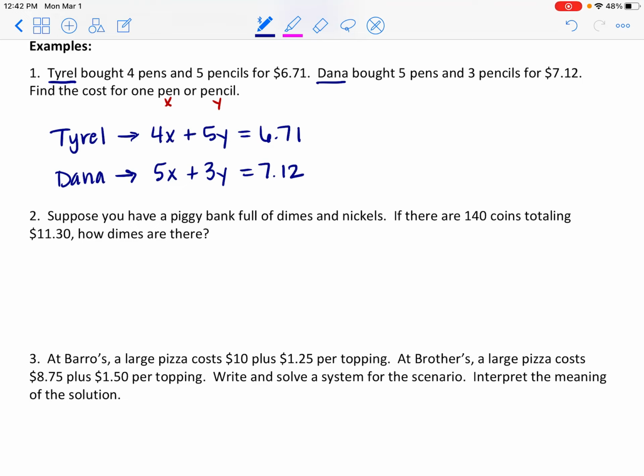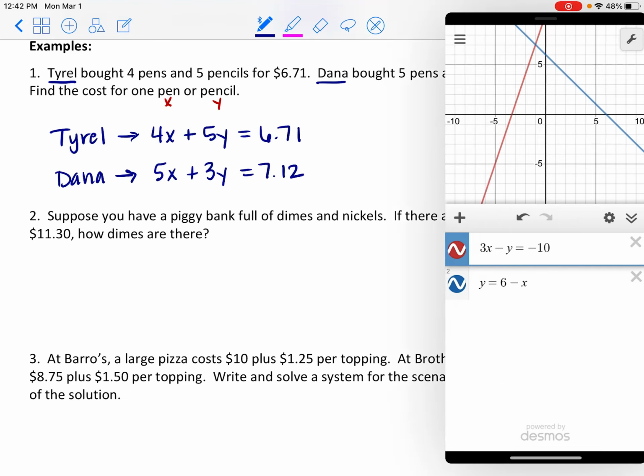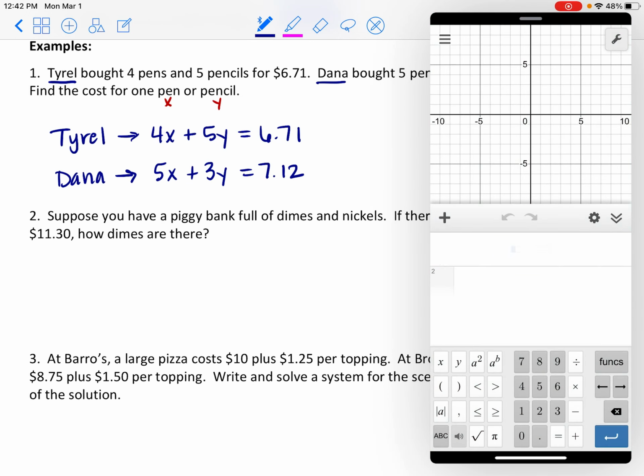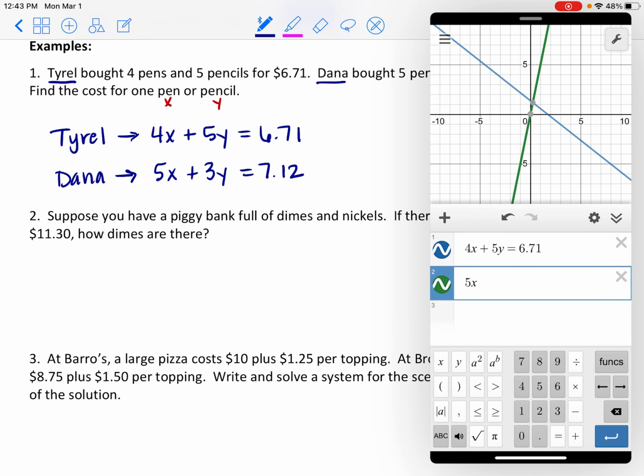Solving using elimination would be the best option if you're doing that algebraically, but I'm going to lean on my calculator here. It's going to be hard enough for us to set up some of these word problems, so let's not stress about the solving. So 4x plus 5y equals 6.71, and 5x plus 3y equals 7.12.